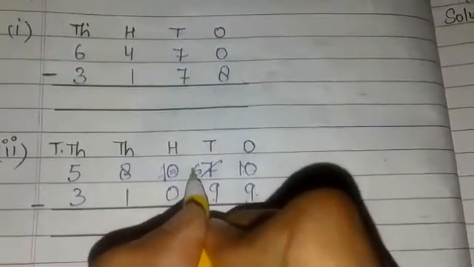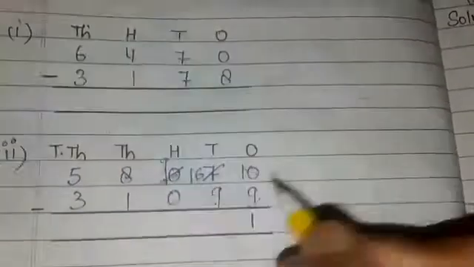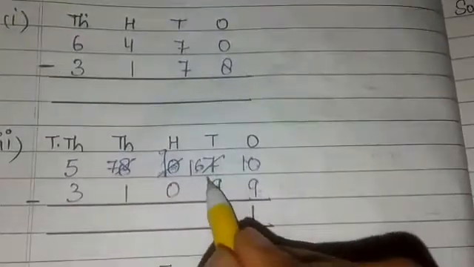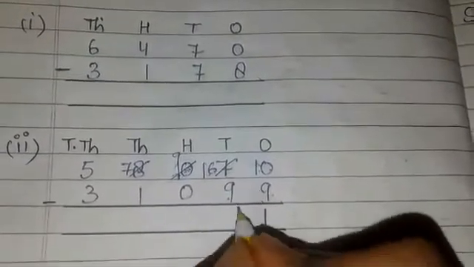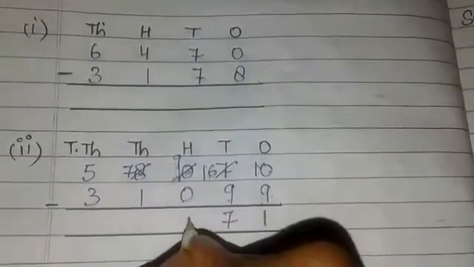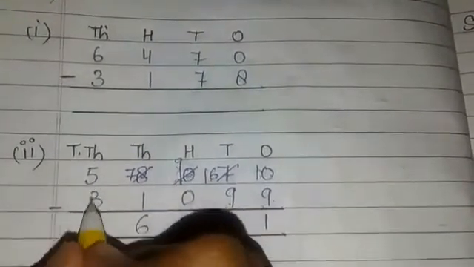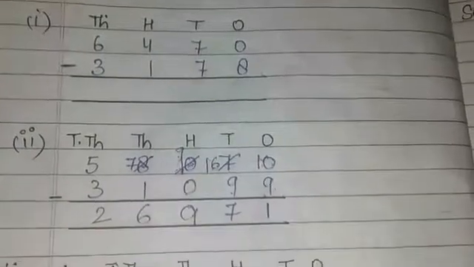So it will give borrow 1 to 6, it will be 16, whereas this will be 9. And this will be 7. So 16 minus 9 equals 7. 9 minus 0 equals 9. 7 minus 1 equals 6. 3 minus 2 equals 2.